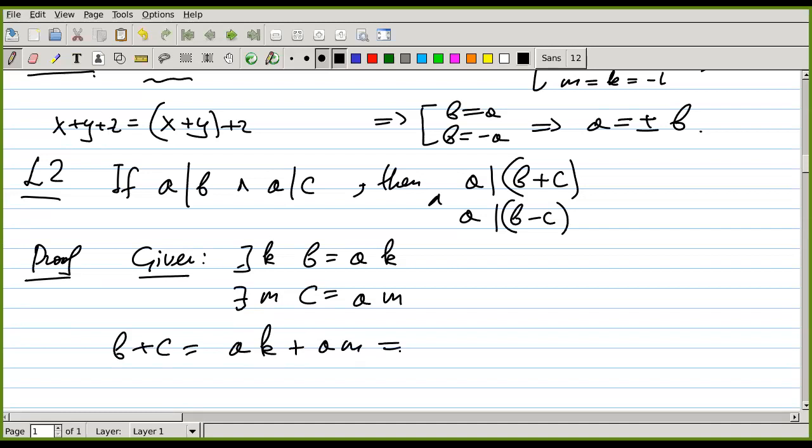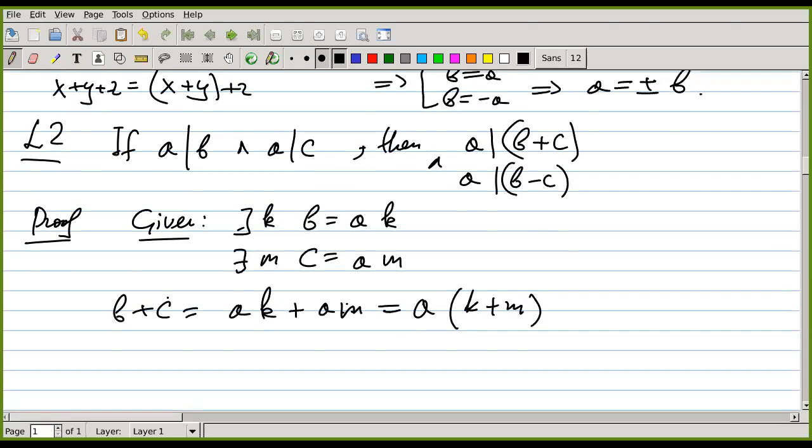And now we want to apply another property of addition and multiplication, namely the so-called distributivity law. We can move a out of the bracket. You should know it well. So b plus c equals a multiplied by something. So b plus c is divisible by a, and the same for the difference. Is it clear? Yes.